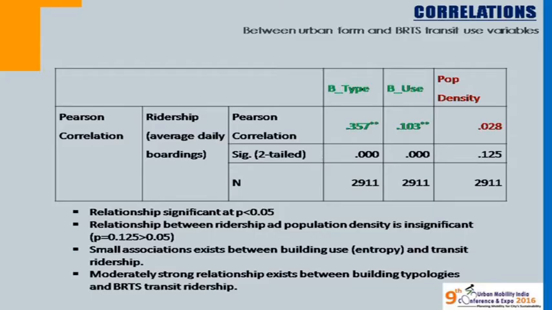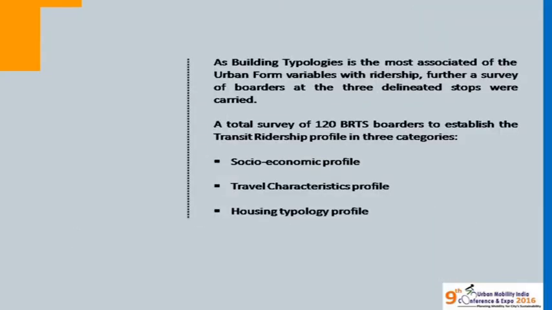Looking at the building typologies, we did a total survey of 120 BRTS riders to establish the transit ridership profile of the people using it on the basis of three categories: socioeconomic profile, travel characteristics, and housing typology profile.